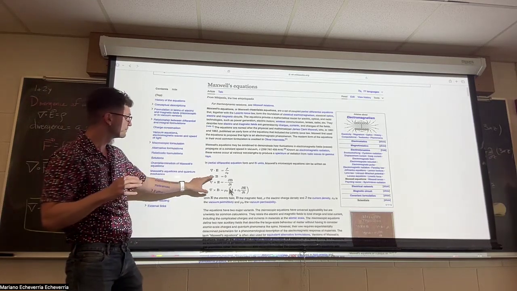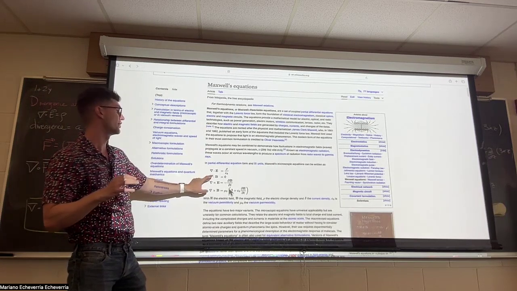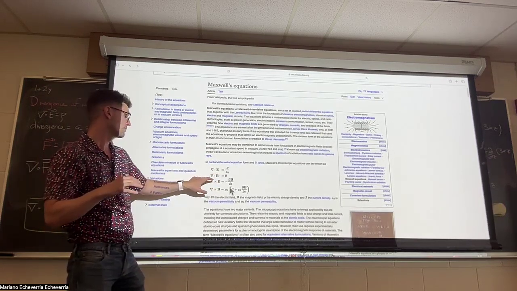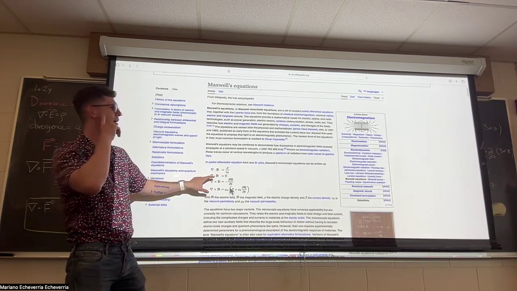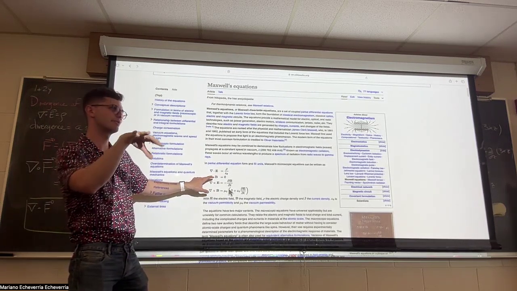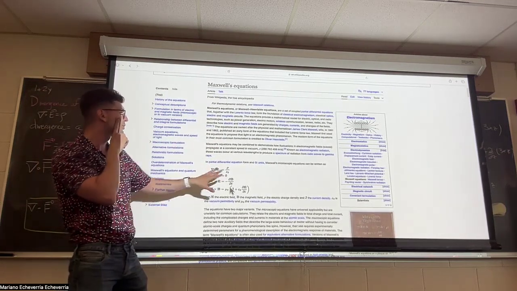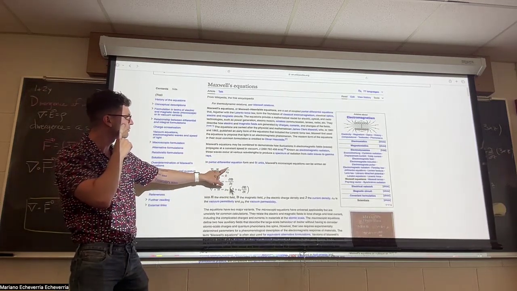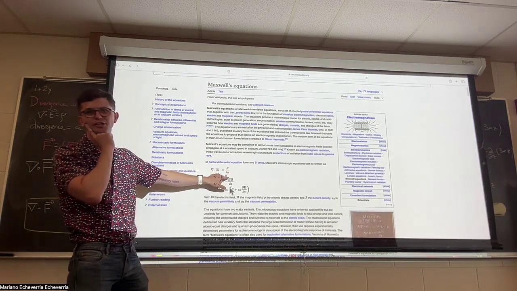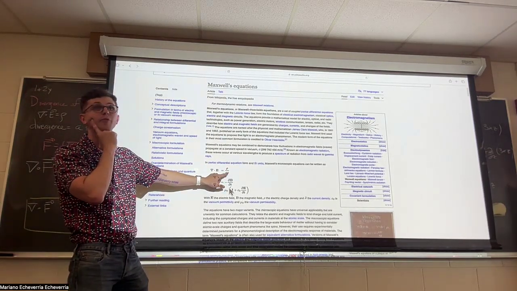Whereas for the magnetic field, the divergence is always zero. I don't know if you remember when I brought the magnets, if you played around with them, you would see that the field lines close out. The interpretation of that is that there's no analog of a magnetic charge for magnetism.